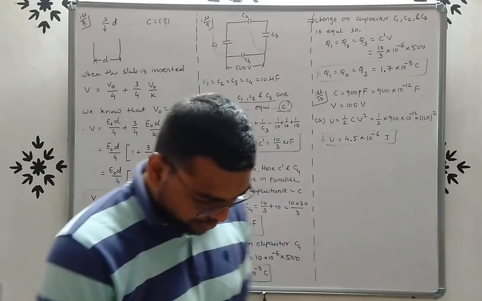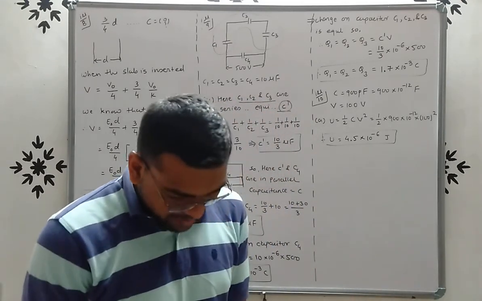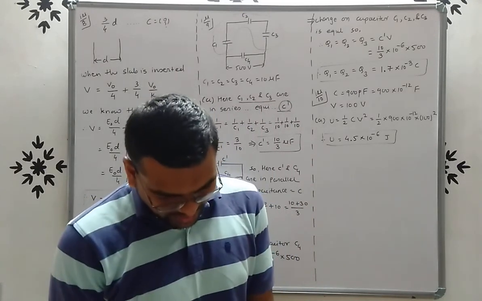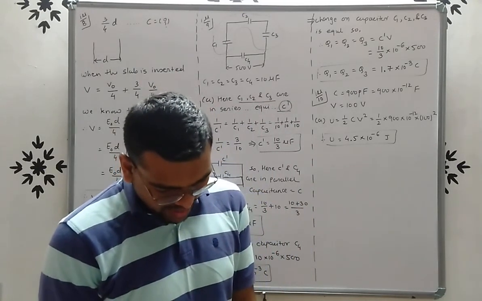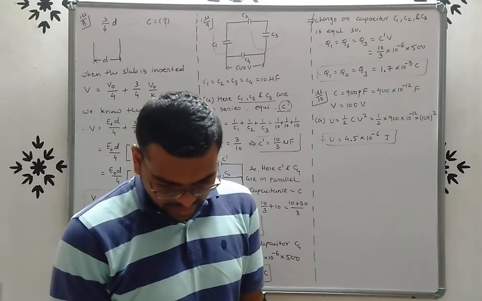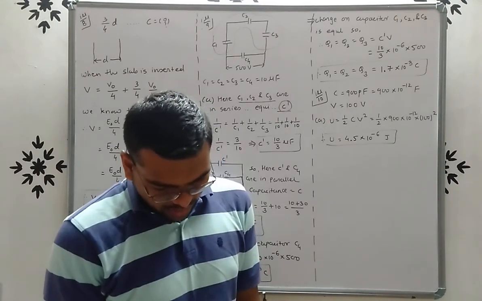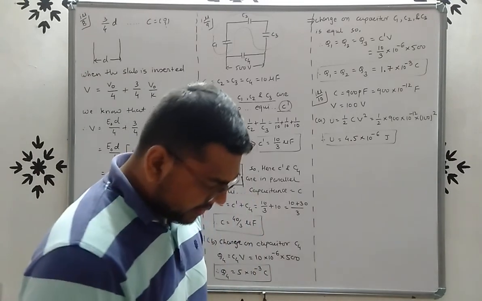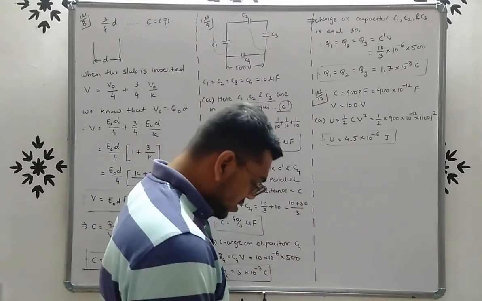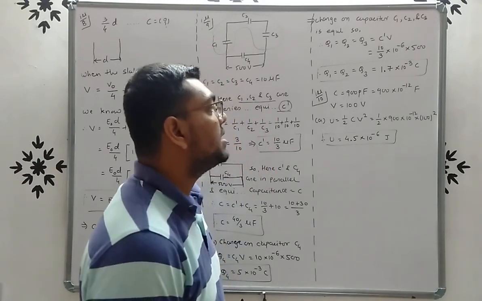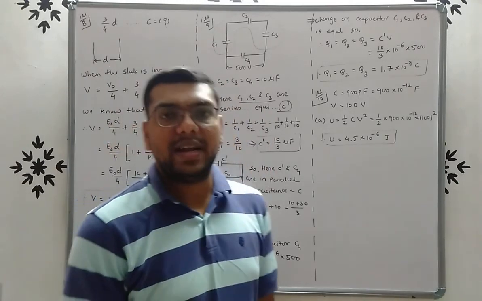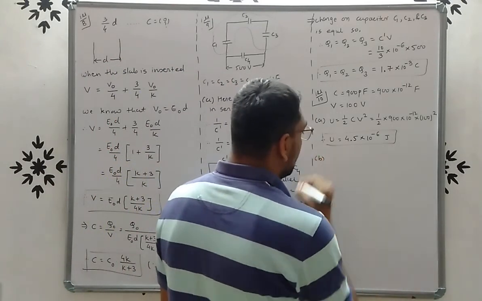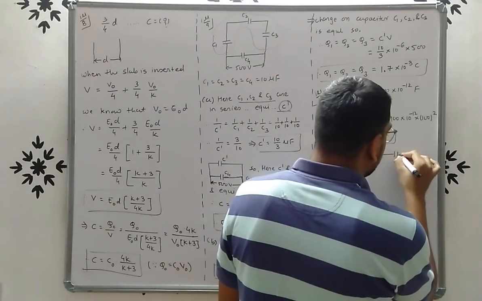Now part B: The capacitor is disconnected from the battery and connected to another 900 picofarad capacitor. Then what is the energy stored by the system? So now the capacitor is disconnected from the battery and it is connected to the 900 picofarad capacitor like this.